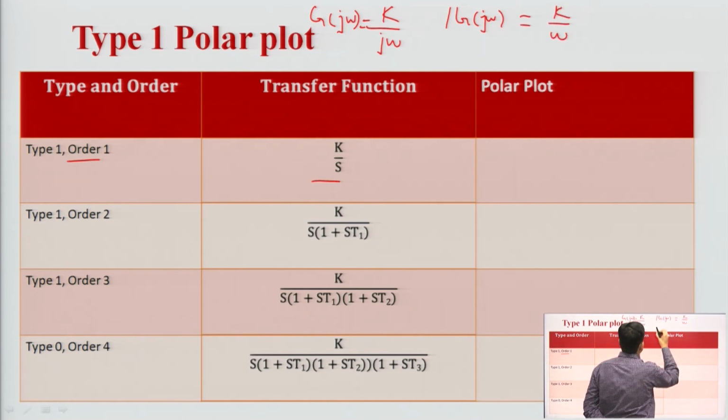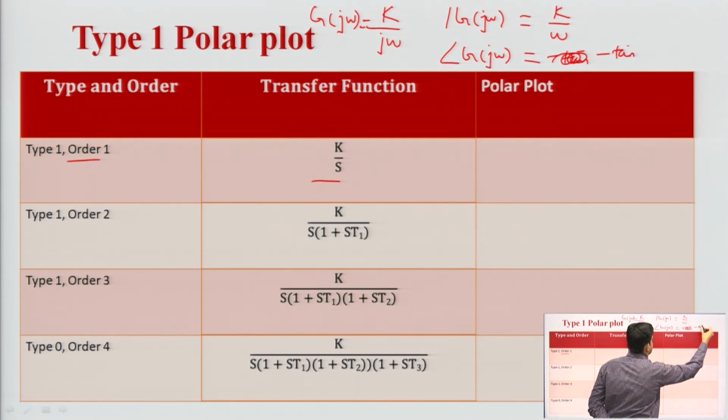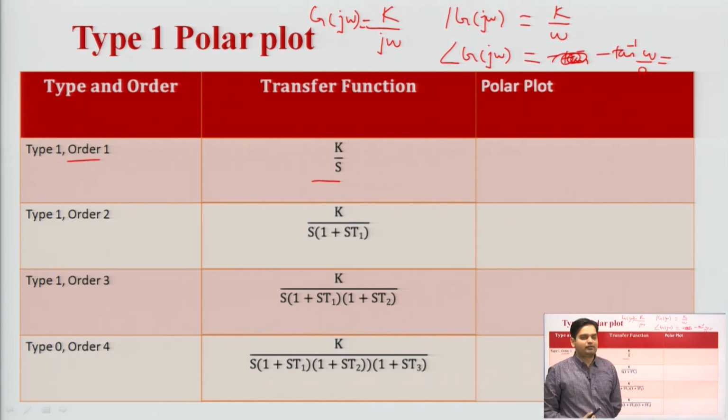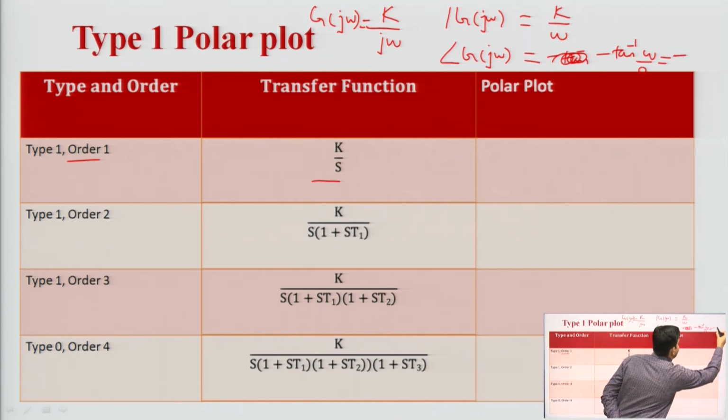I need to calculate its phase. The numerator phase is 0, so I will get minus tan inverse of omega over 0, which gives minus tan inverse infinity, and it is minus 90.